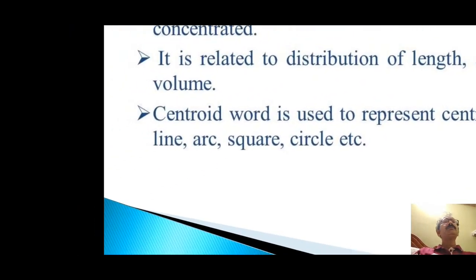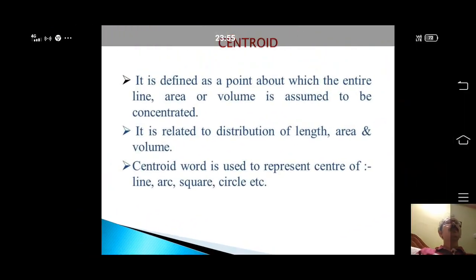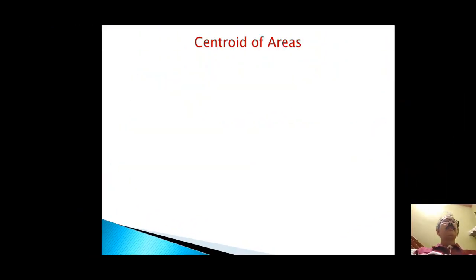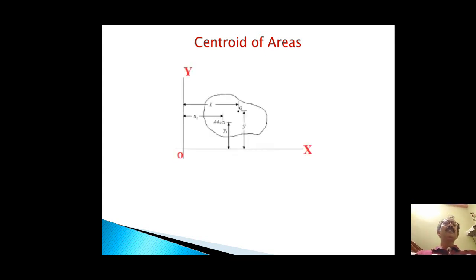Now, centroid of area. Suppose this is a plane area, and x and y are the two axes. The total area is divided into an infinite number of small areas. Suppose we consider a small elemental area, delta Ai, whose centroid is at xi and yi from the two reference axes x and y.